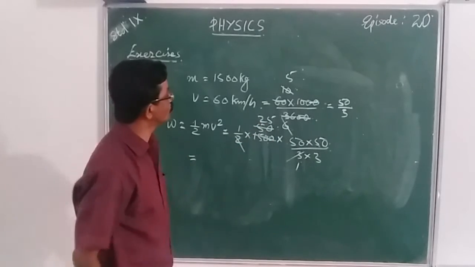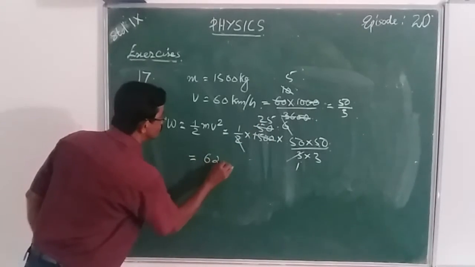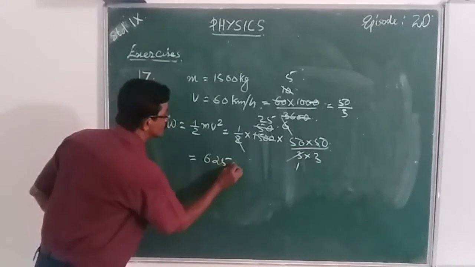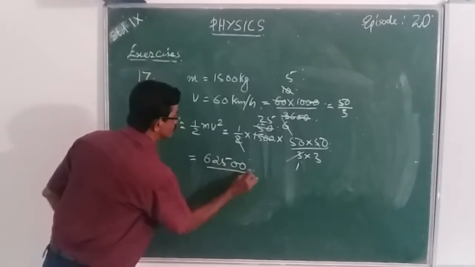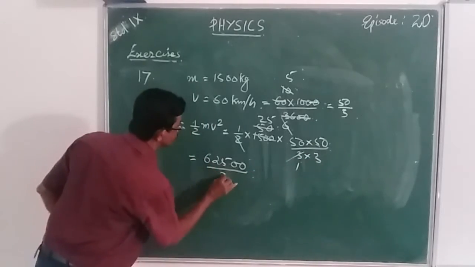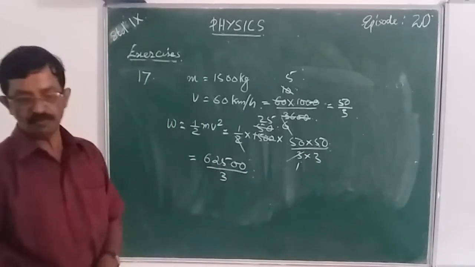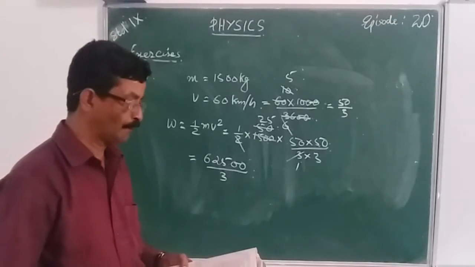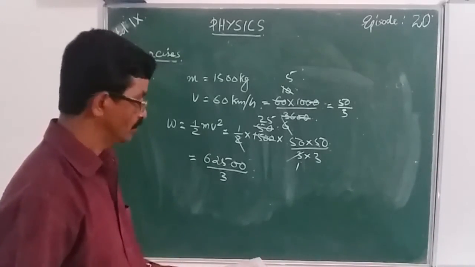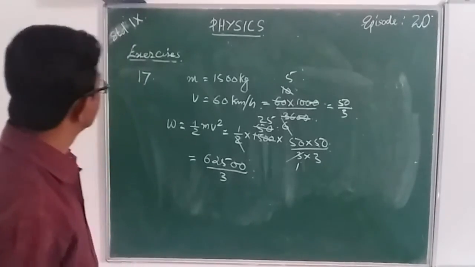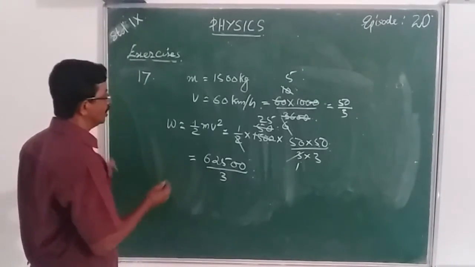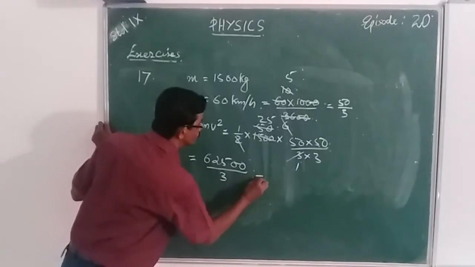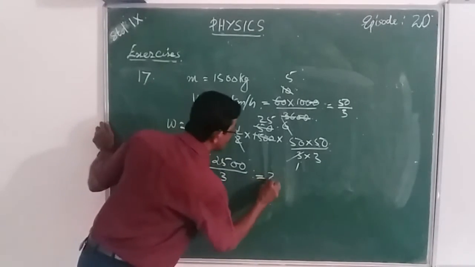It will come 625, and by 3. This we can divide, 2 times 6.